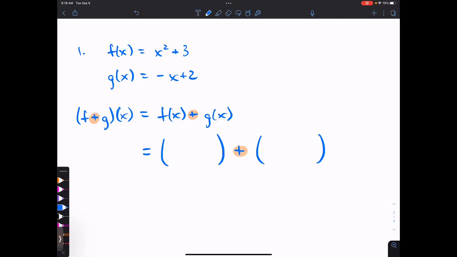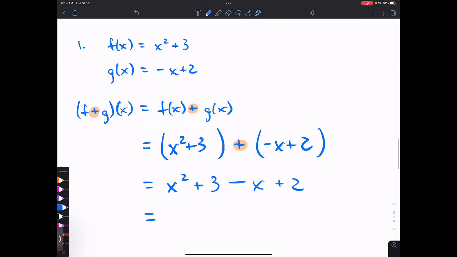Our functions are x squared plus 3 and -x plus 2. Now we're adding, so really those parentheses aren't doing anything important. X squared plus 3 plus -x, so I can write that as -x, plus 2.